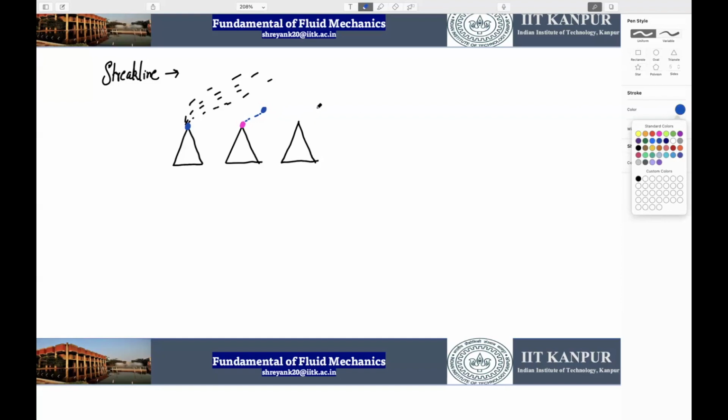So maybe this blue particle is following some path line like this, and it will go there after some time t. So t is equal to t naught here. Then this pink particle at this time instant will follow another path line, maybe like this.